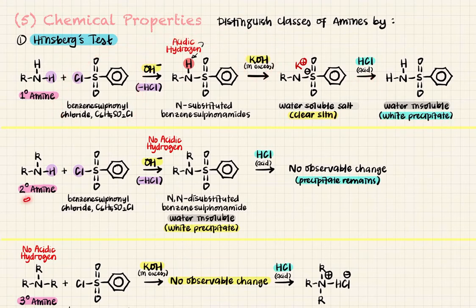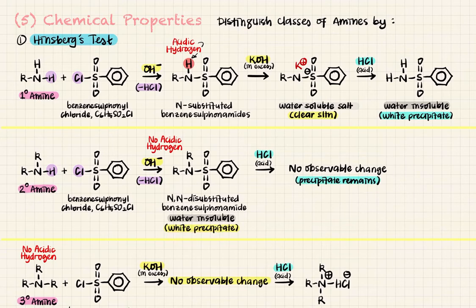For secondary amine, when you treat with benzene sulfonyl chloride in OH minus, you will get an N-disubstituted product. So there is R and R on the N of the benzene sulfonamide. It is water insoluble. It is not soluble in water because it does not have any acidic hydrogen. So you will form a white precipitate.